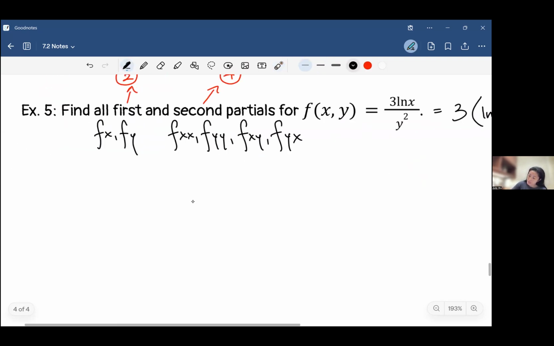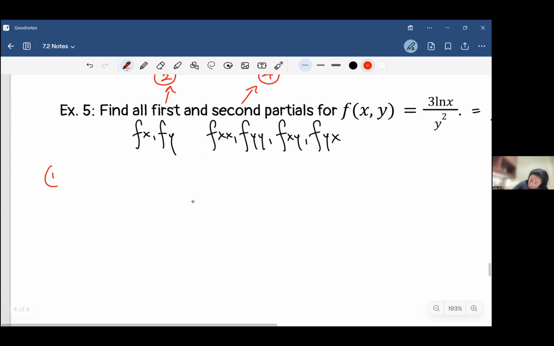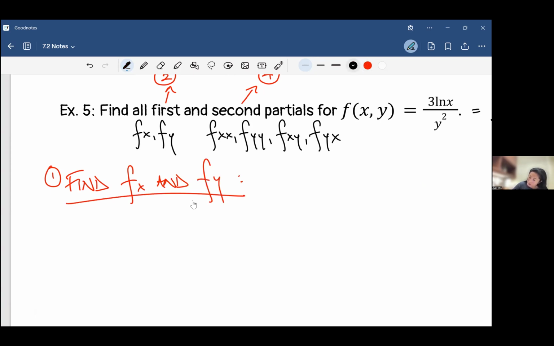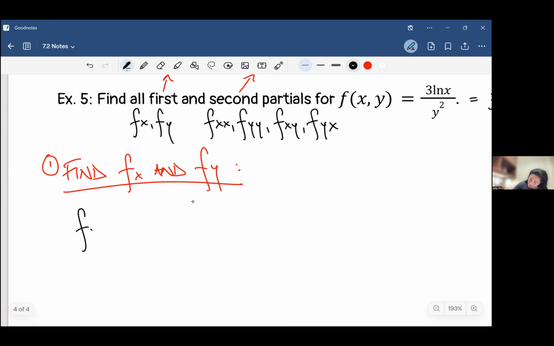All right, so let's find our first partials and go from there. So fx, we're treating x like a variable now, is going to be 3 times, derivative of natural log is 1 over x, times y to the negative 2 because that's like a constant.